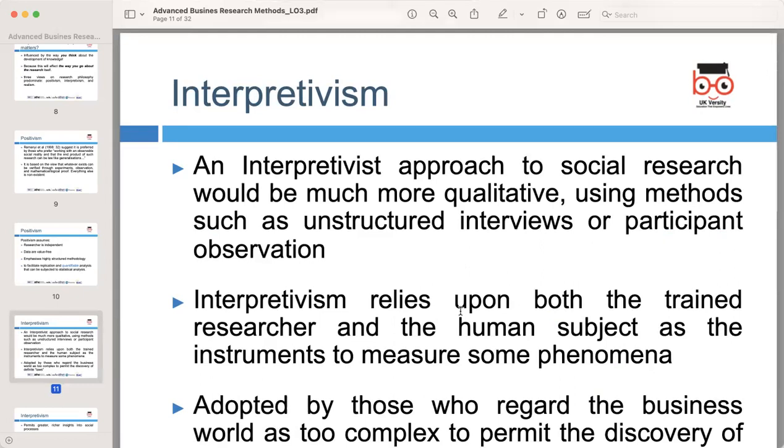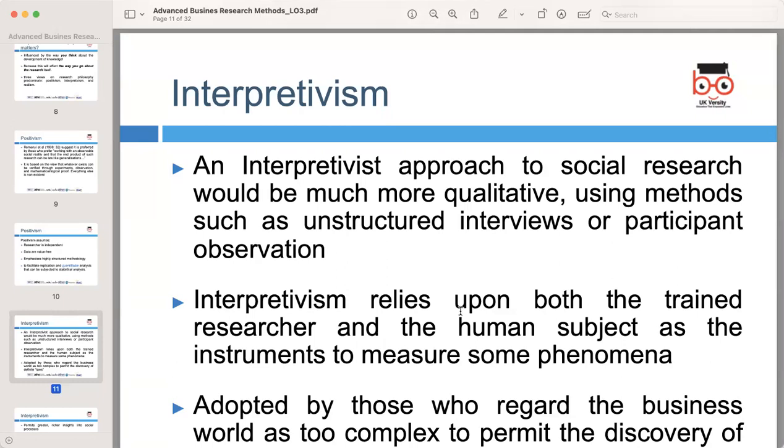Okay, interpretivism. Here we'll be discussing the interpretivism approach to social research. This approach is important for understanding the meanings and interpretations that individuals and groups attach to their experiences and the social world around them.